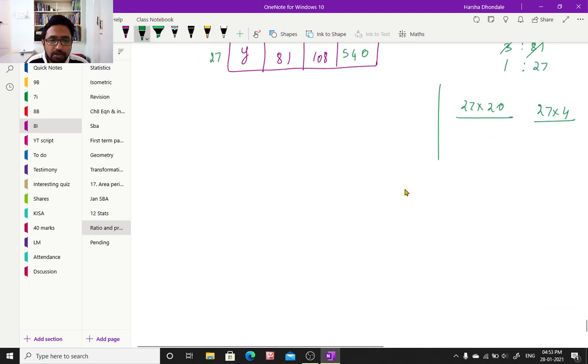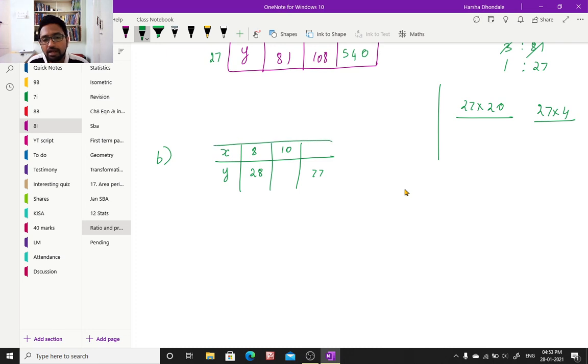Similarly, we need to fill another tabular column, and here the tabular column is like this: x, y, 8, 28, then 10, then blank, then 77. This is the tabular column. Once again, I'll reduce this 8 and 28 to its simplest form.